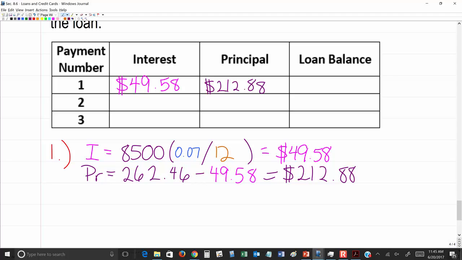Okay, so after making that payment, your new balance of the loan equals the previous balance, which is $8,500, minus the amount that you were able to apply onto the principal, which is the $212.88.